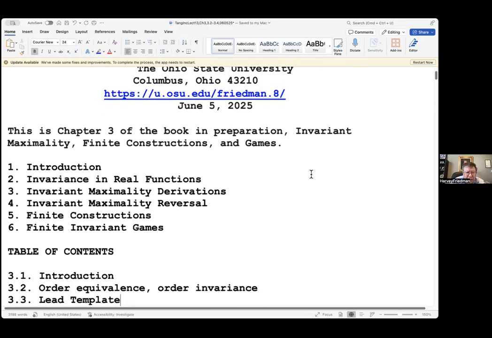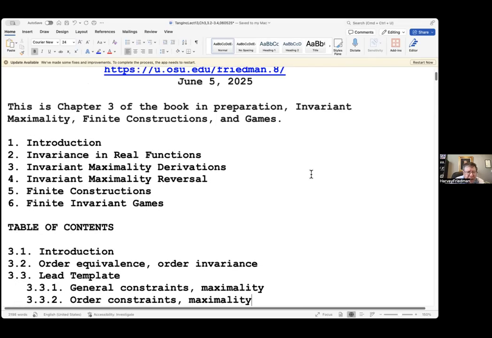And we start today with chapter 3, first lecture on chapter 3. The book, actually, there's been some changes.